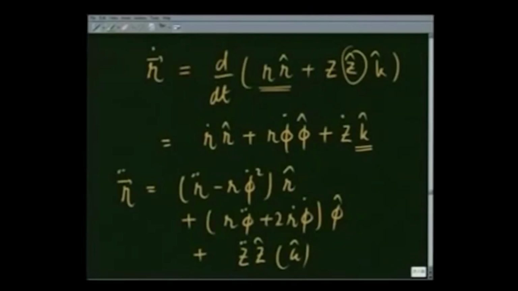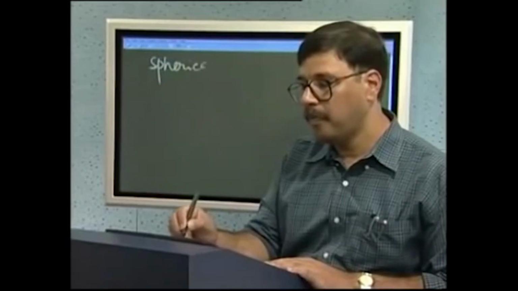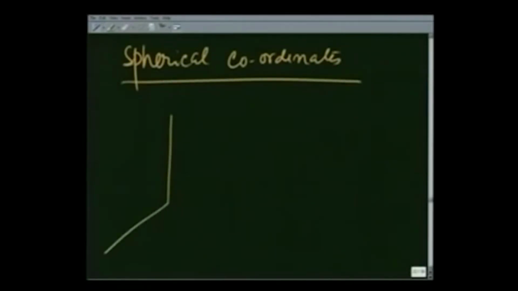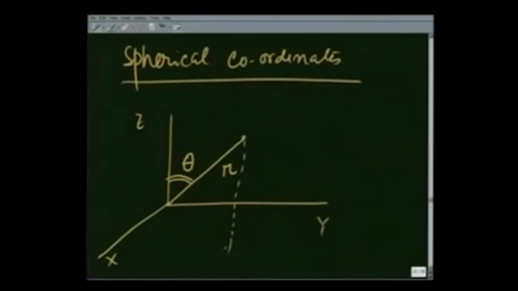A more interesting extension is the spherical coordinates to describe three-dimensional motion, and in this case, again, if I make my x, y and z coordinate system, the position of a particle is given by its distance from the origin, the angle theta that this radius vector makes with the z axis, and angle phi that the projection of the radius vector, this is the projection I am showing again, makes with the x axis.